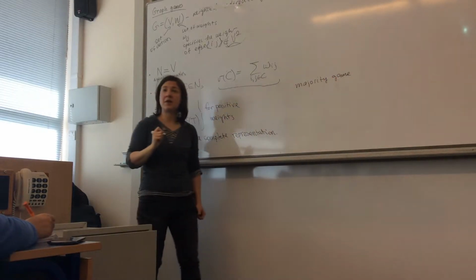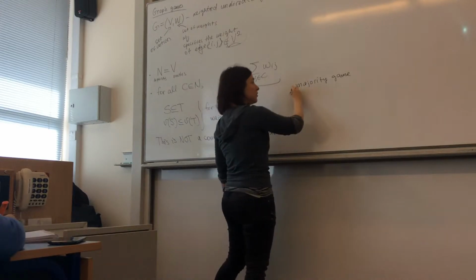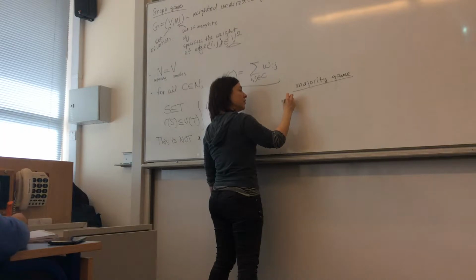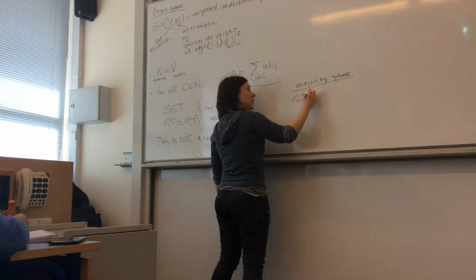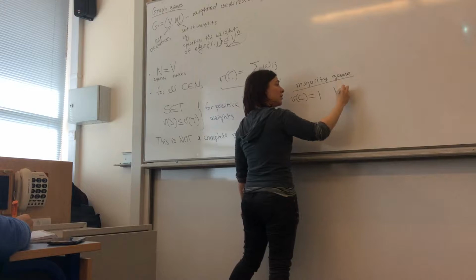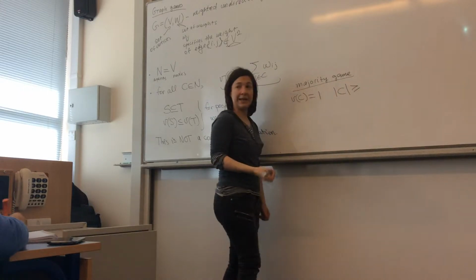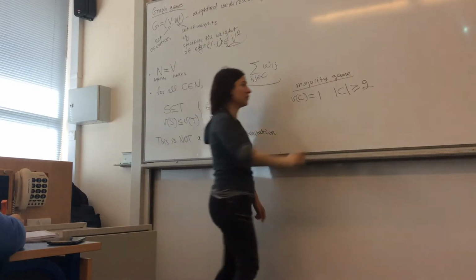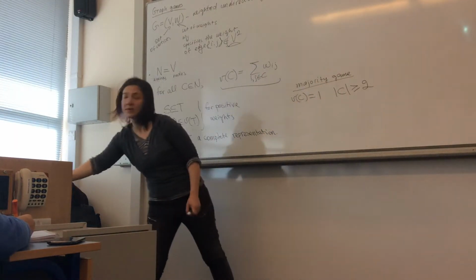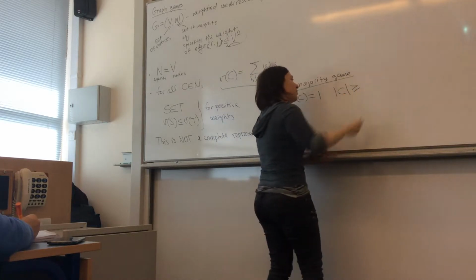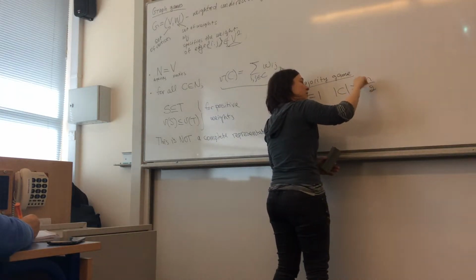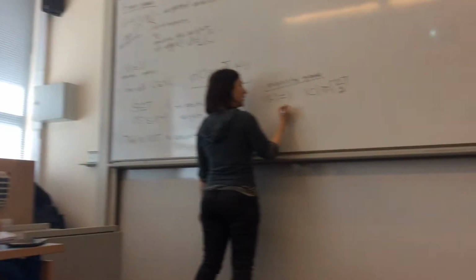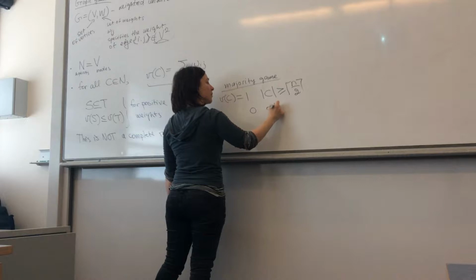That was a simple game, so the values of each coalition are either 0 or 1, and each coalition C whose size was at least the majority, say n over 2, has value 1, and 0 otherwise.